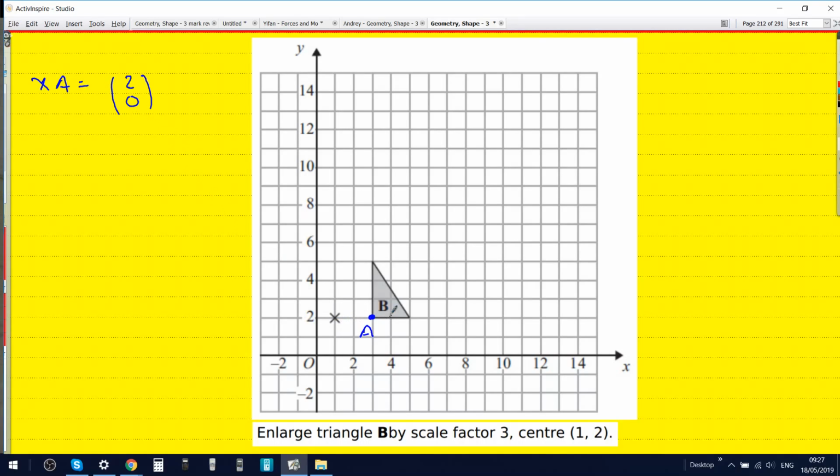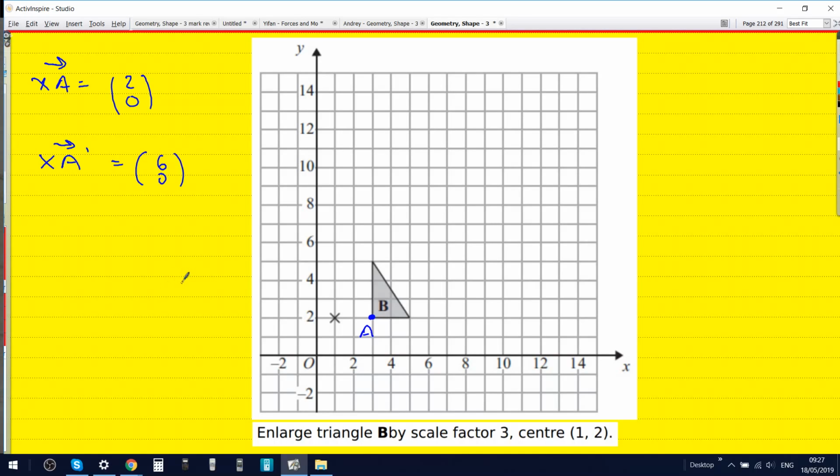Basically 2, right? Okay. So after the enlargement, what will it be? 6, 0. Yeah. What's the coordinates of X? 1, 2.